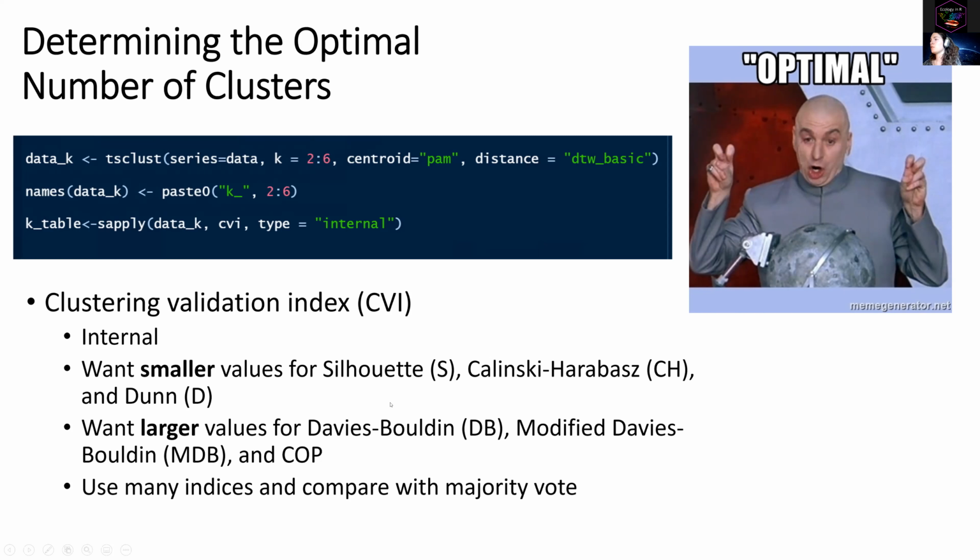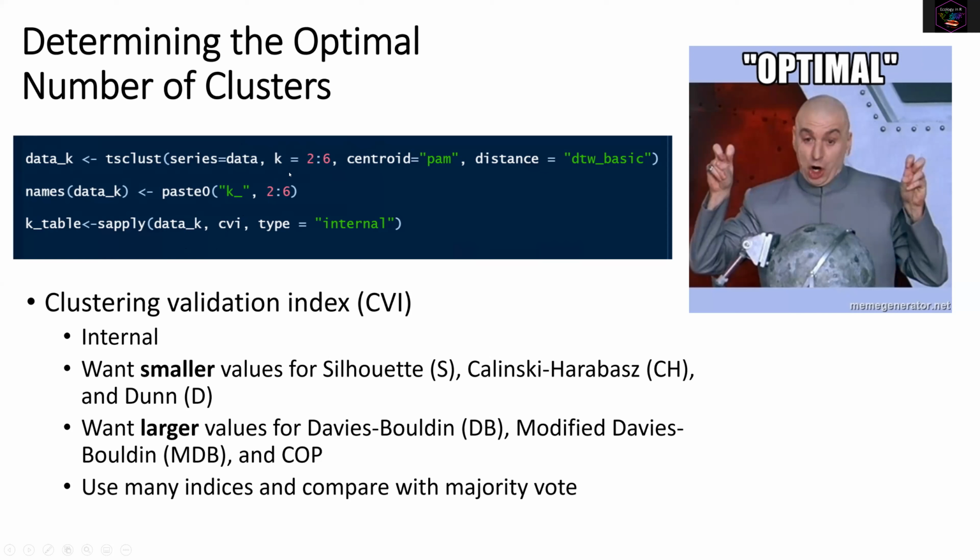So for these different indices, the ones that you would spit out with the CVI function, you want smaller values for the S, CH, and D indices, and you want larger values for the DB, MDB, and COP indices. So I went ahead and went with the majority vote, as well as let myself be informed by the biology and what I already expected from this based on previous literature.